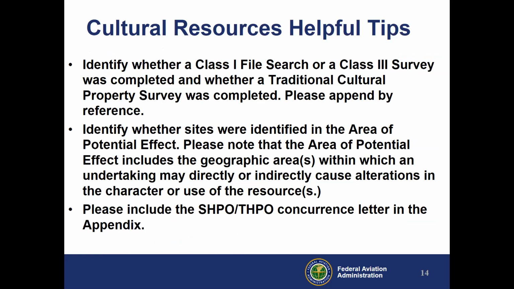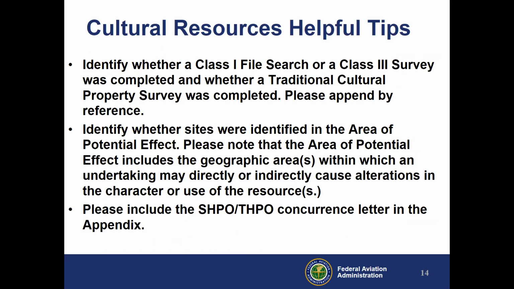Some of the helpful tips that we've developed is identifying whether a file search or Class 3 survey was completed and whether the traditional cultural properties survey was also completed. And we'll include that as an append by reference, not as an attachment in the appendix.